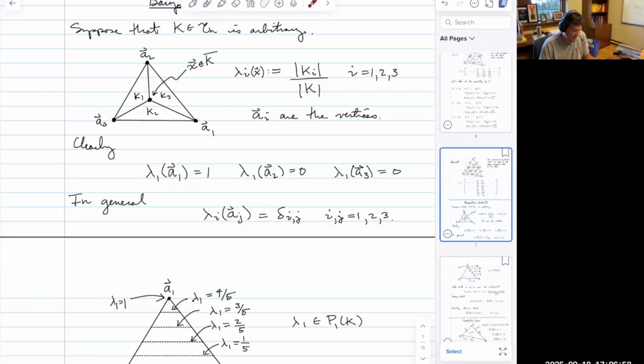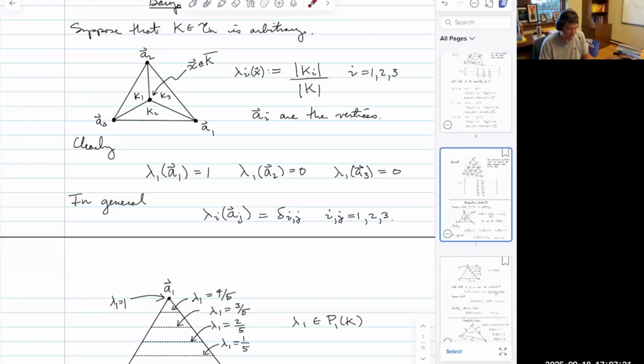And likewise, whenever X is equal to A2, you kind of take this point X and keep pushing it further and further over here. Well, that triangle gets smaller and smaller, so lambda 1 is equal to 0 at this point, and lambda 1 is equal to 0 at this point for the same reason.